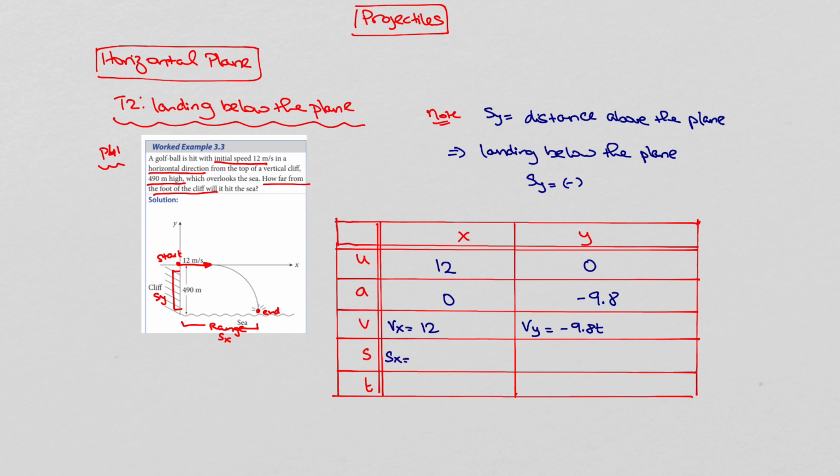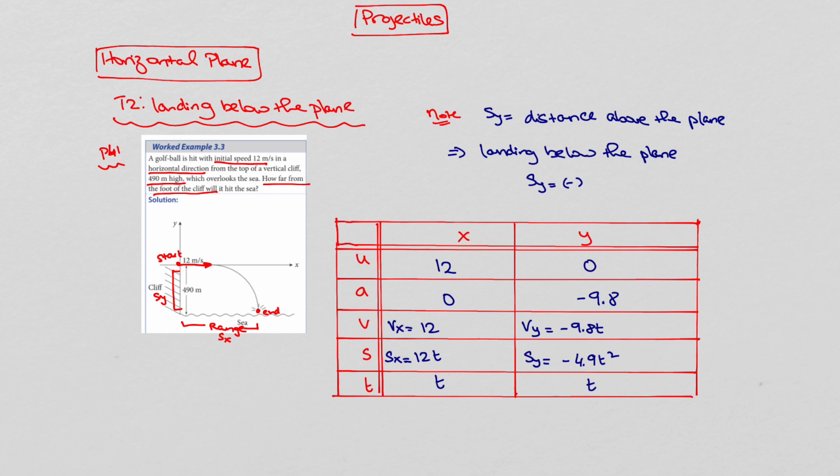S in the x direction is ut plus a half at squared, but because a is 0, we just end up with 12t. And then s in the y direction is ut plus a half at squared, so that's going to be minus 4.9t squared. So now we have all the equations we need.